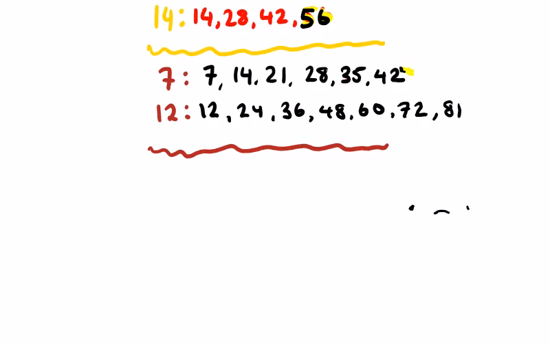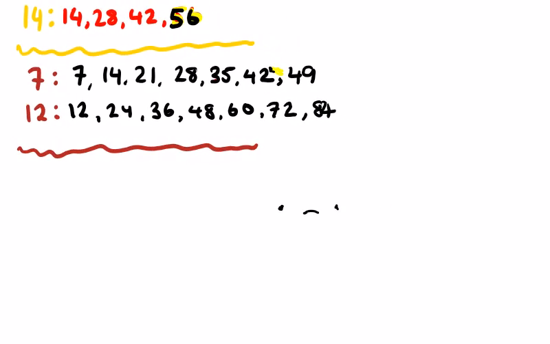Does 7 divide into 84? Let's have a look. 42, 49, 56. We're getting there. 63, 70, 77, and 84. So 84, the lowest common multiple for the numbers 7 and 12.